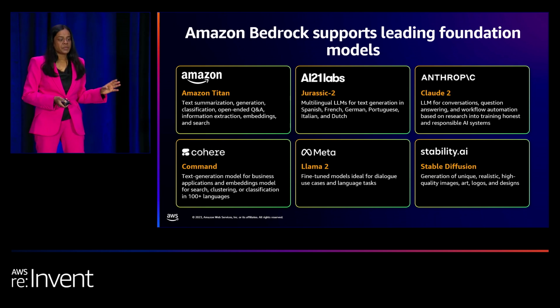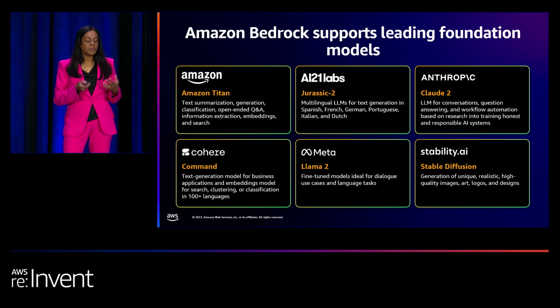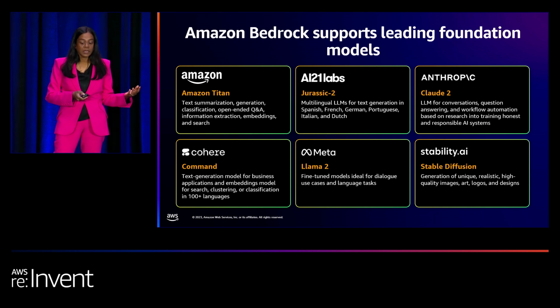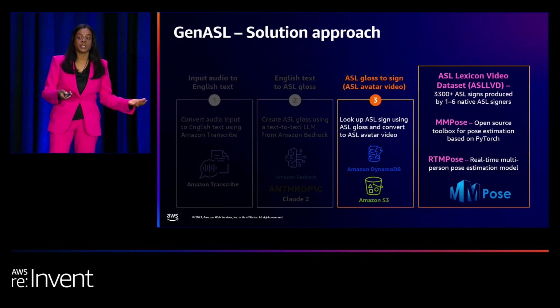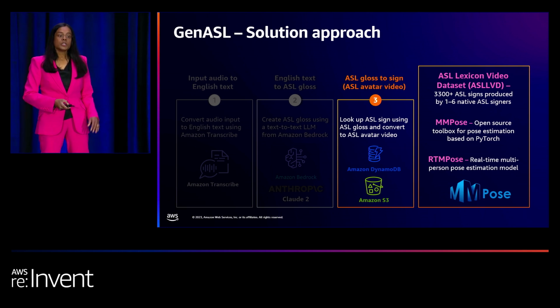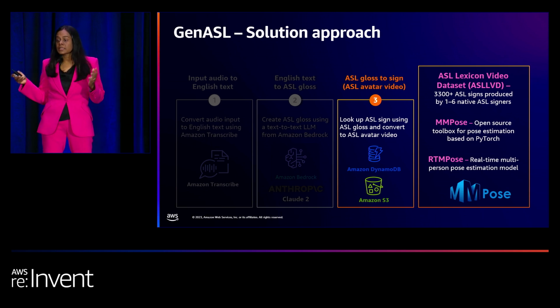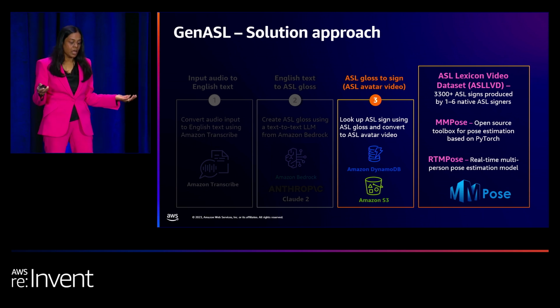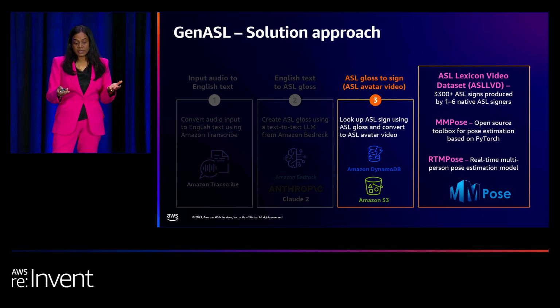In late September, Amazon and Anthropic came up with a partnership to advance the generative AI capabilities. And we are leveraging Claude V2 for the Gen ASL application as well. So with that, this third step includes generating the ASL video from the ASL gloss. Our input data set, the video data set, is stored in an S3 bucket.